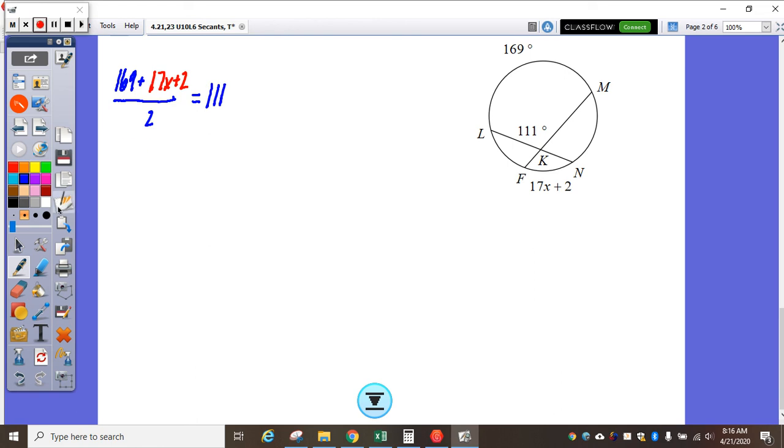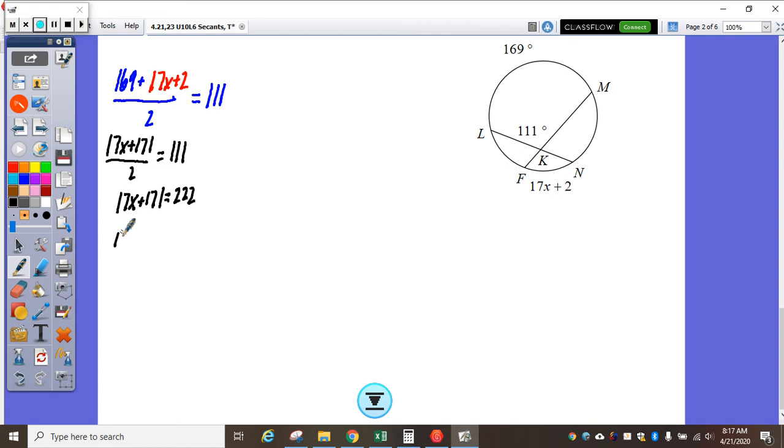So then we just go ahead and simplify from here. So we have 17x plus 171 divided by 2 is going to equal 111. So multiply 2 to both sides, and we have 17x plus 171 equals 222.